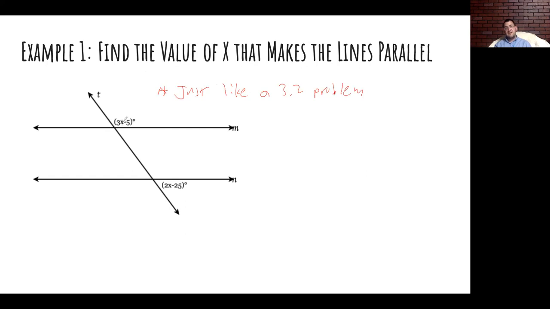Now, one thing that I see here, I don't see an angle pair, but what I am going to do is I'm just going to do vertical angles. And I'm going to do vertical angles here as well. So that way I can get the same side interior angles. And we want them to add to 180.